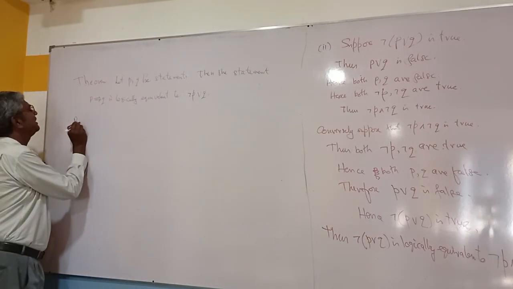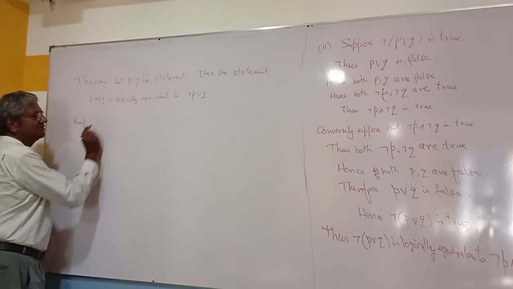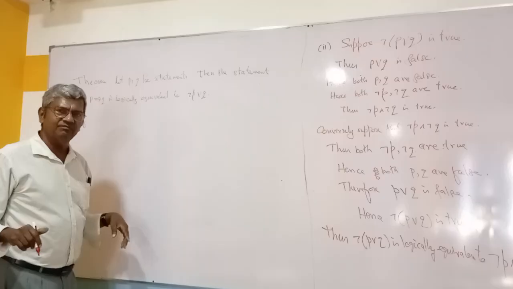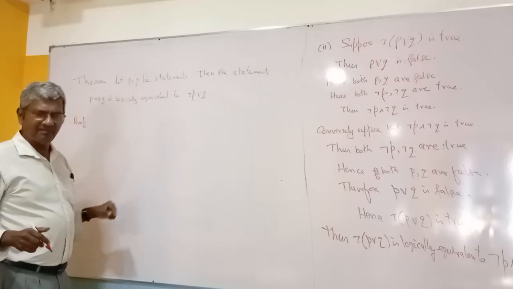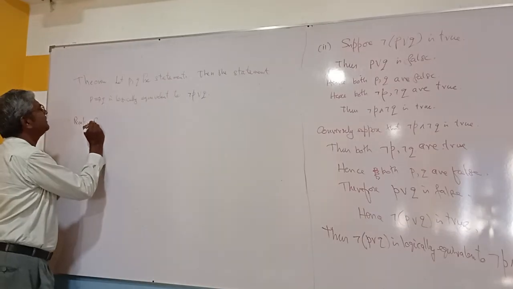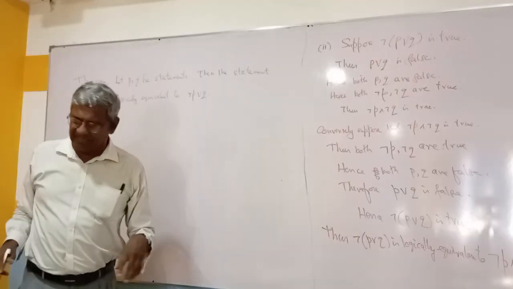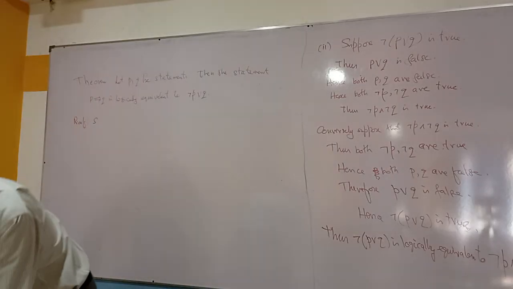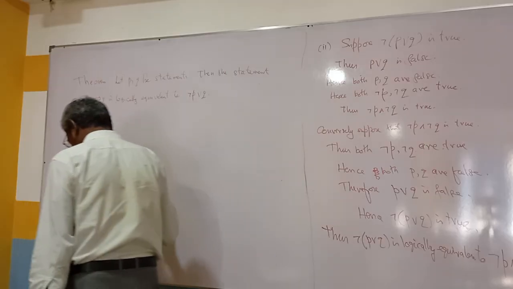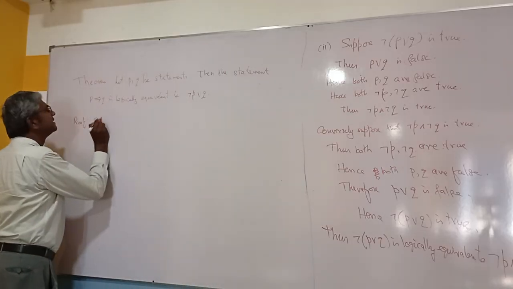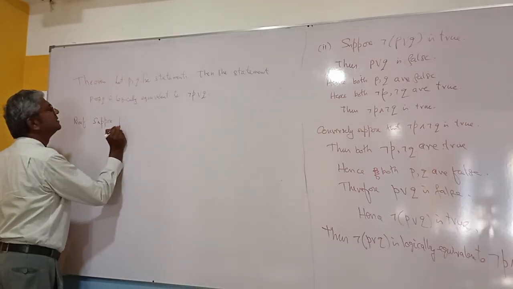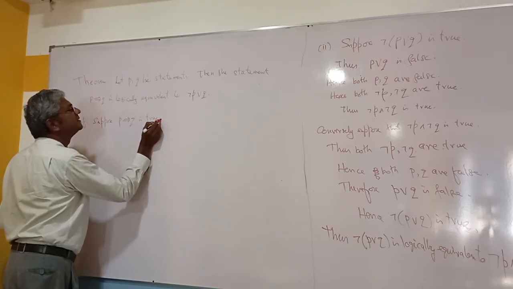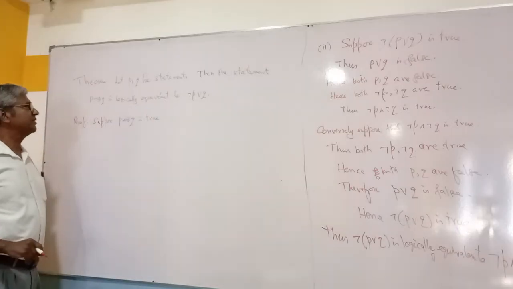Proof, very important one. Okay, suppose, which one do you want to suppose? This one or that one? Let's suppose P implies Q is true.